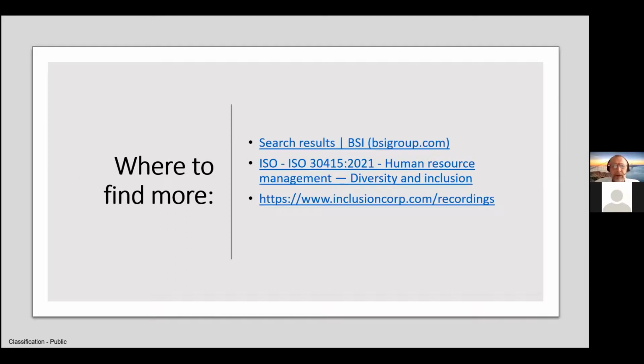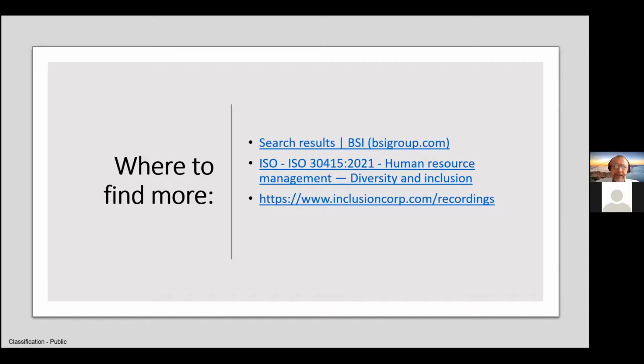So finally, where can you find out more? There are some links here that you will be able to follow. First of all, to the British Standards Institute, because if you want to adopt 30415, in the UK you will need to source it through BSI. There is a link to ISO's own page around ISO 30415.